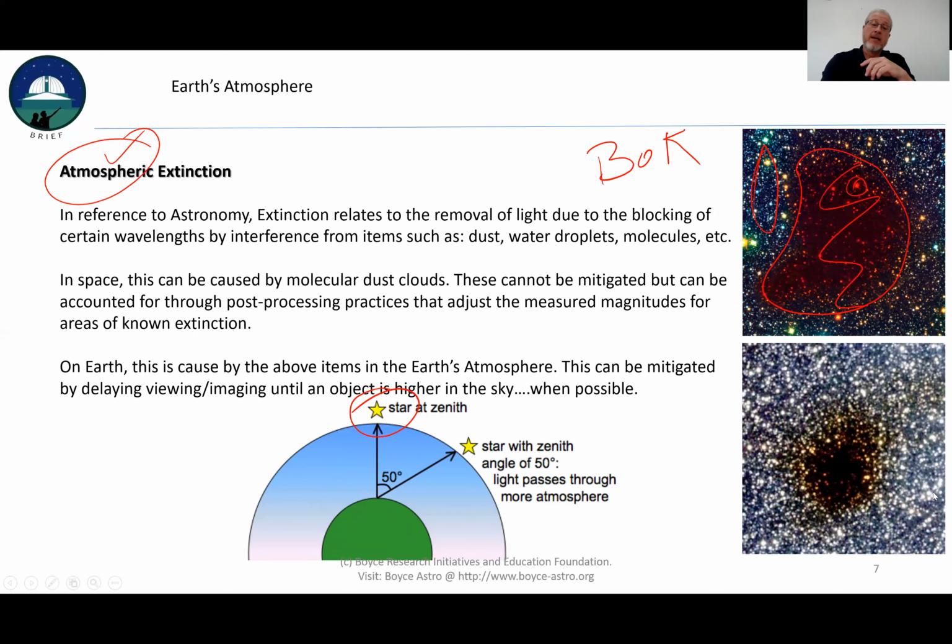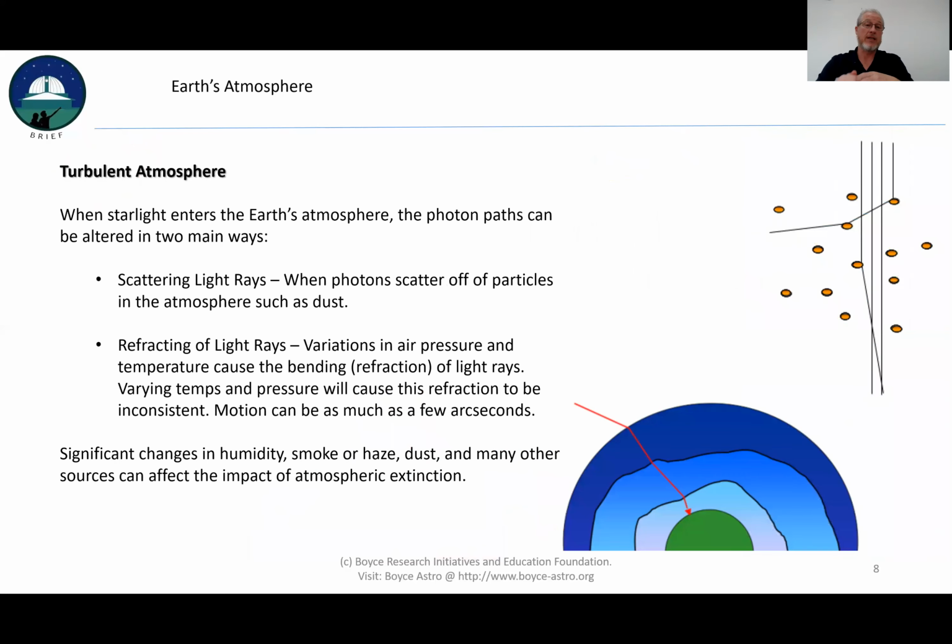Now, as a star comes closer to the horizon, we have to look from this same position through a much longer path of atmosphere, and that starts to eliminate some of our shorter wavelengths of light, such as blue, and turns things more red and more distorted. For example, sometimes when the moon rises at night it's red. That's an effect of the atmospheric extinction. It's scattering off the other light, but as it gets higher, that redness goes away and it's more typical of the moon that we see.